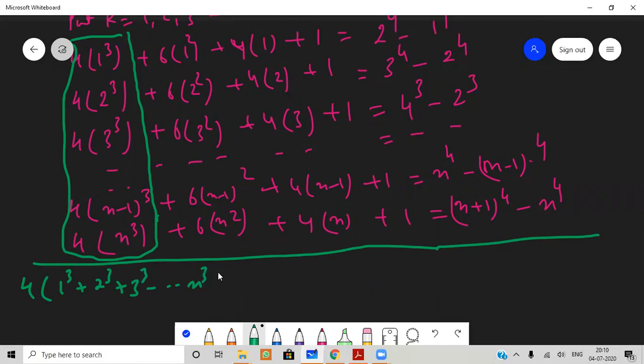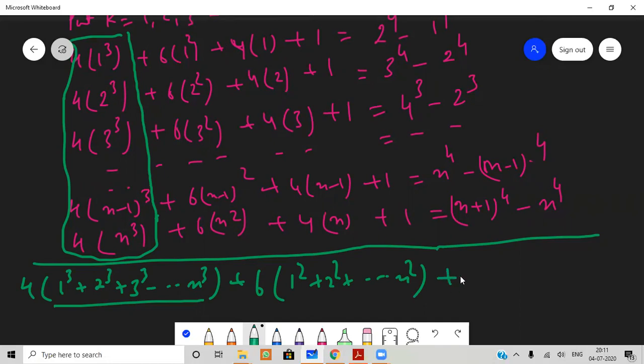That is exactly what I am interested in. Plus 6 times the bracket, where adding this column you get 1 squared plus 2 squared up to n squared, sigma n squared, the sum of squares of n natural numbers.